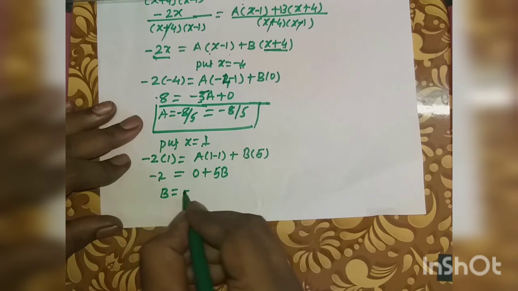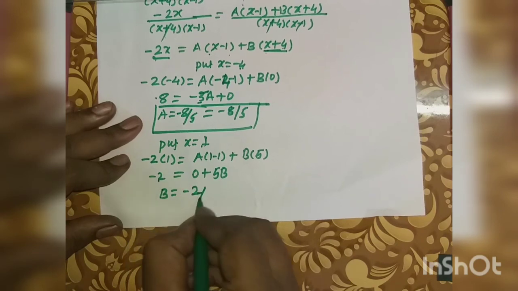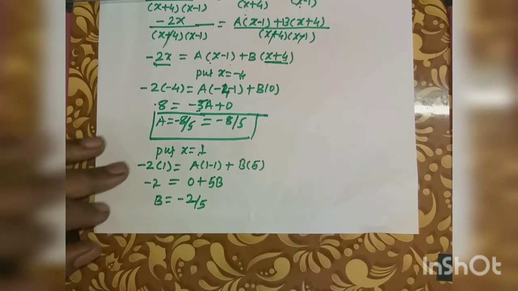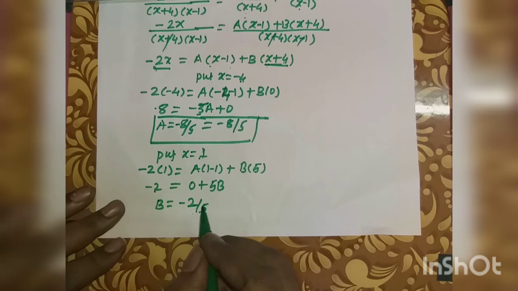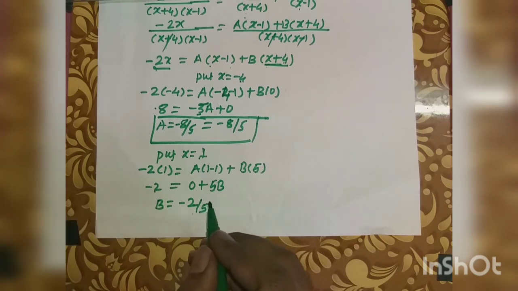So b is equal to minus 2 by 5. The value of b is equal to minus 2 by 5.